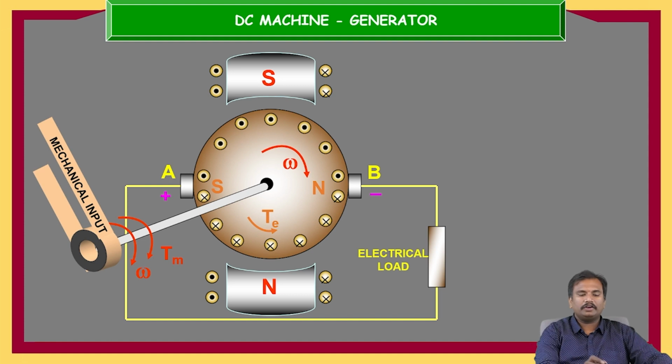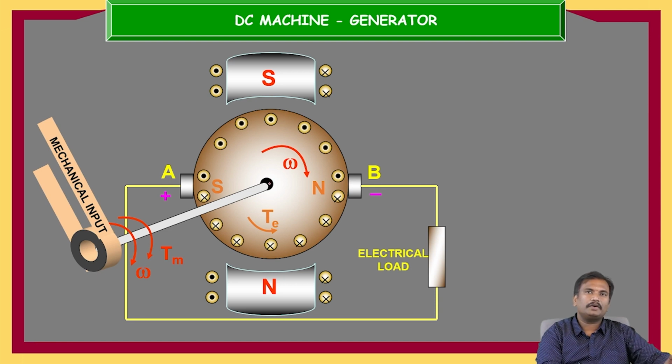This is the way we are going to give the mechanical input. Here we can see clearly, this is the mechanical input, either by means of a turbine or some other equipment we are going to use to give the mechanical energy. Once we give the mechanical input, immediately the rotor starts rotating.